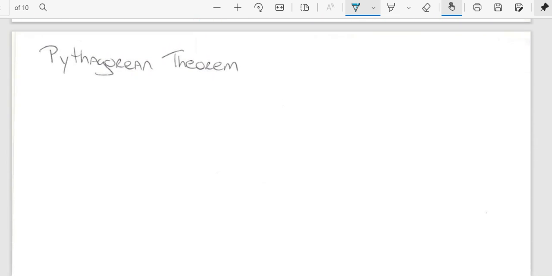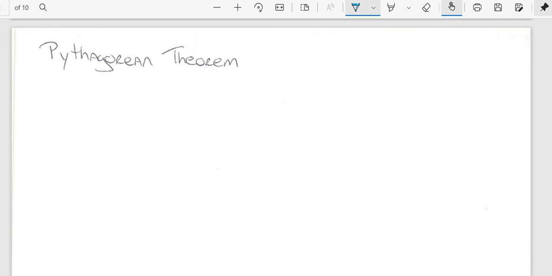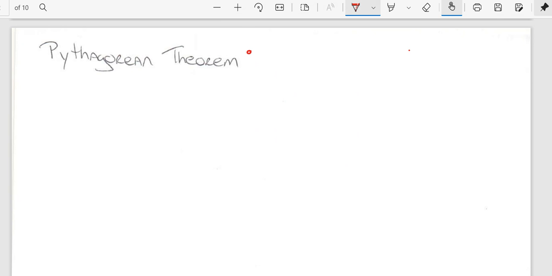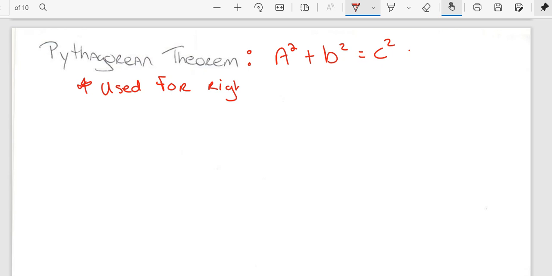All right, so let's get to what the Pythagorean theorem is. Most of you guys are already pretty comfortable with the Pythagorean theorem. Hopefully, you've done it in middle school. You might have touched on it a little bit in Algebra 1 as well. But the Pythagorean theorem is the following. It's a squared plus b squared equals c squared. And we use this Pythagorean theorem for right triangles only.